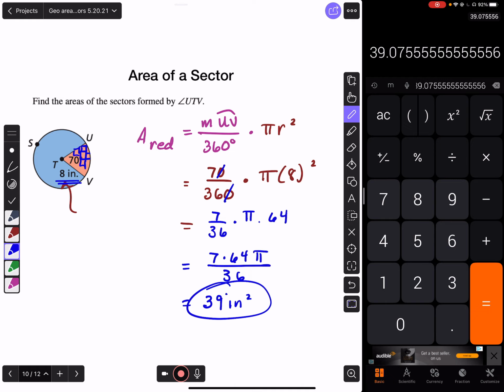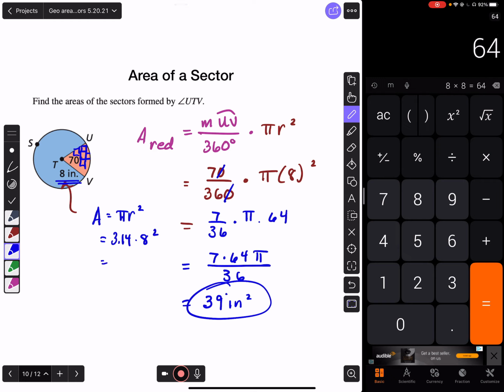Again, the way I'd like you to look at this is basically you're finding the area of the entire blue circle. 3.14 times 8 squared. Let's go ahead and throw that in. 8 times 8, that's my 8 squared, times 3.14.